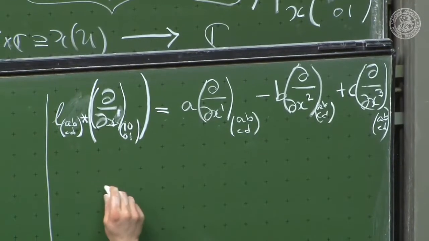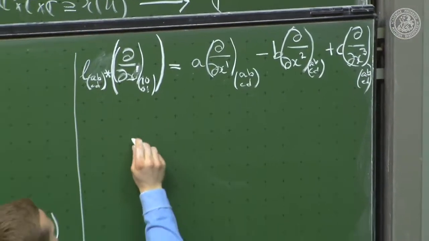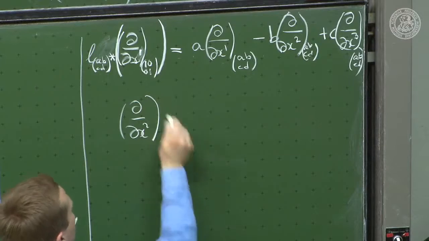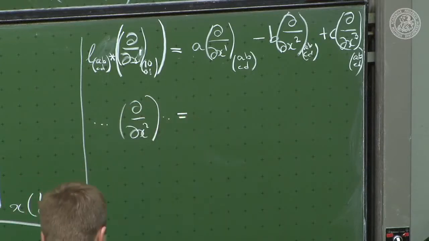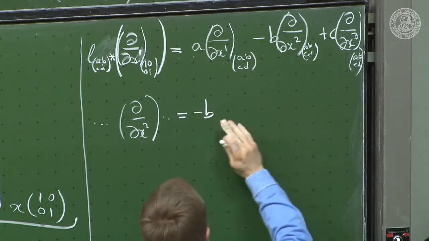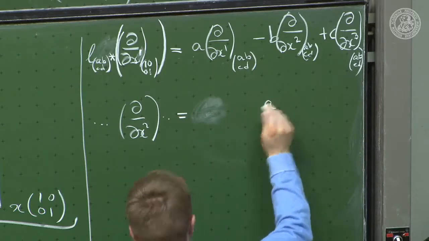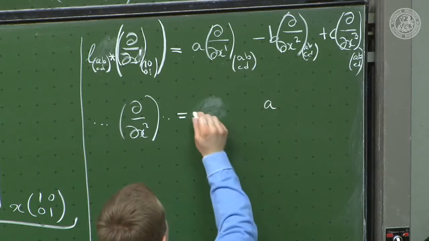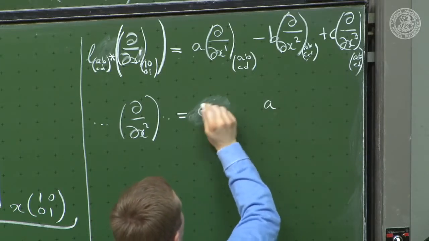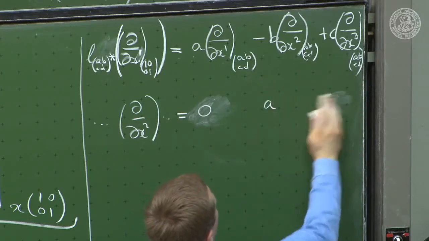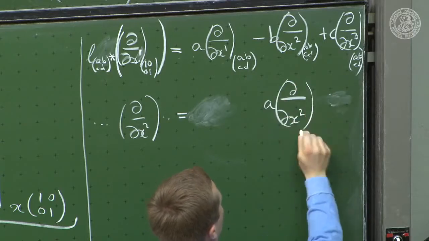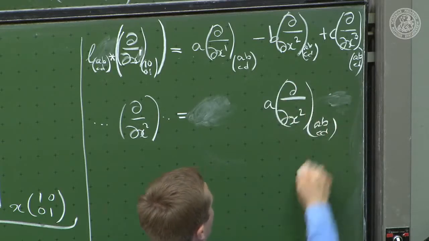And the same is true if I write d by dx2, everything else the same, equals, and then it has the factors minus b, 0, a. So there's only the a factor here. No, minus b was right. No, 0, a, 0. So there's only a times d by dx2 at that point.